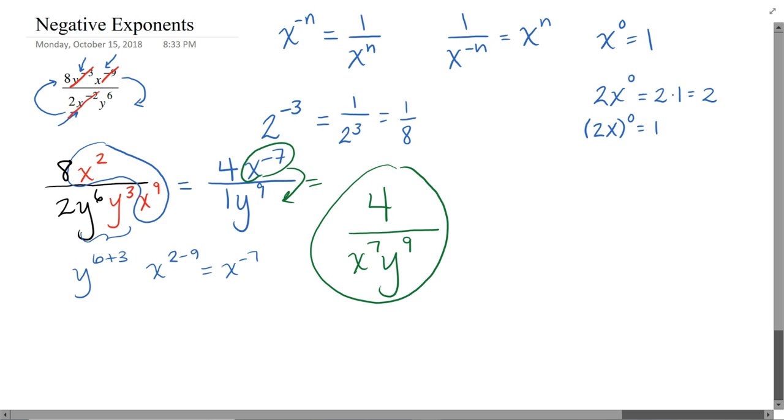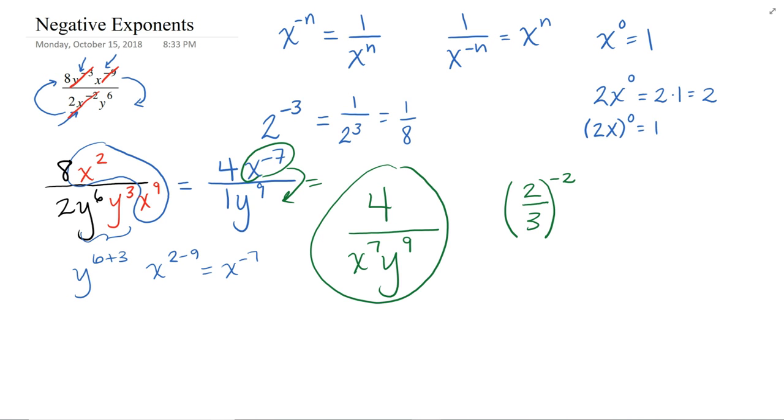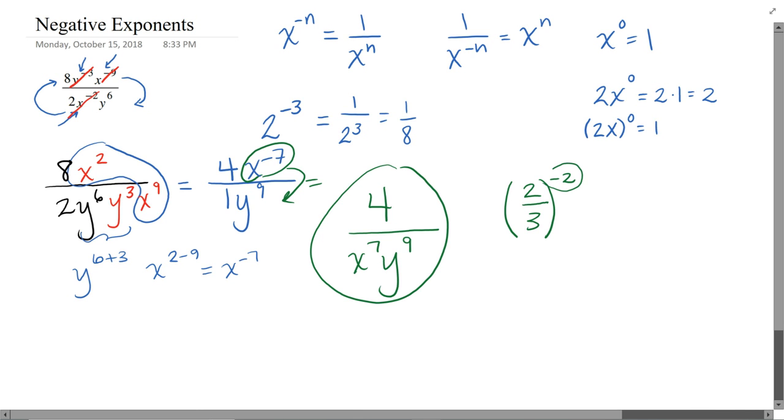I could give you a fraction, let's say 2 over 3, to a negative exponent, and I can use one of two ideas to get a final answer. One is that I could distribute the negative 2 to each the 2 and the 3.